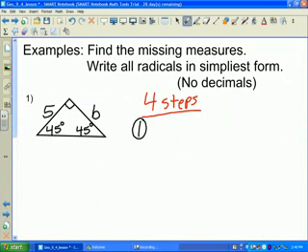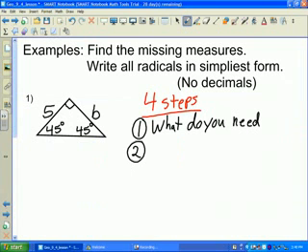The first step, what do you need? Good question. Always ask yourself, what do you need? Second step is, what do you have?